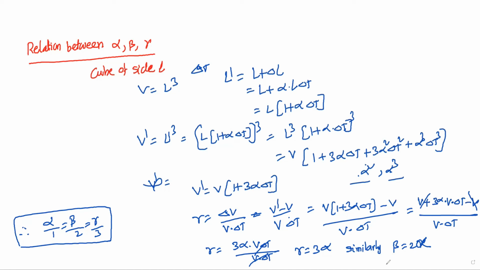Finally, gamma is equal to 3 alpha. Similarly, beta is equal to 2 alpha. So alpha is to beta is to gamma is equal to 1 is to 2 is to 3.